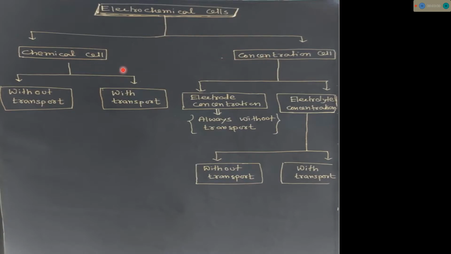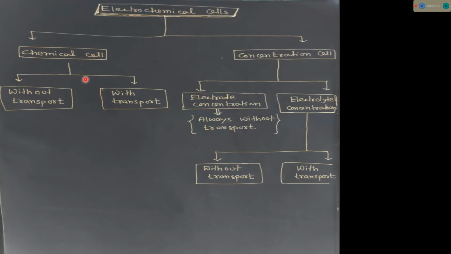Chemical cell is of two types, one is without transport and the other one is with transport. For without transport and with transport, there are detailed calculations to establish the cell potential. But in these questions we have to keep in mind some general formulas.